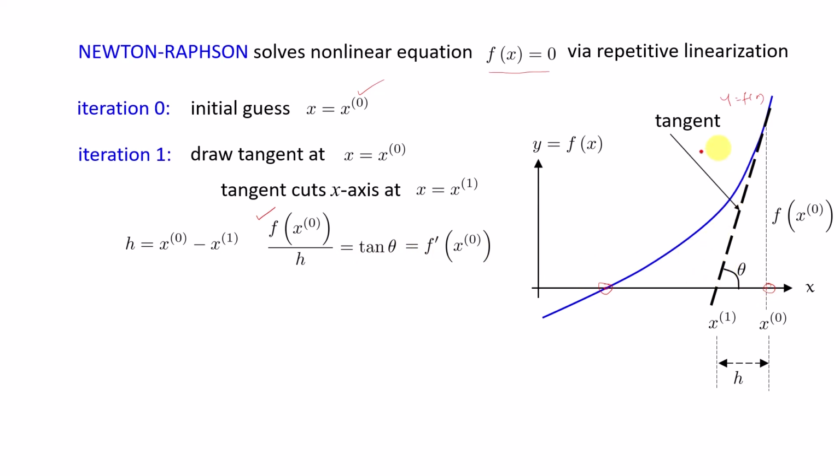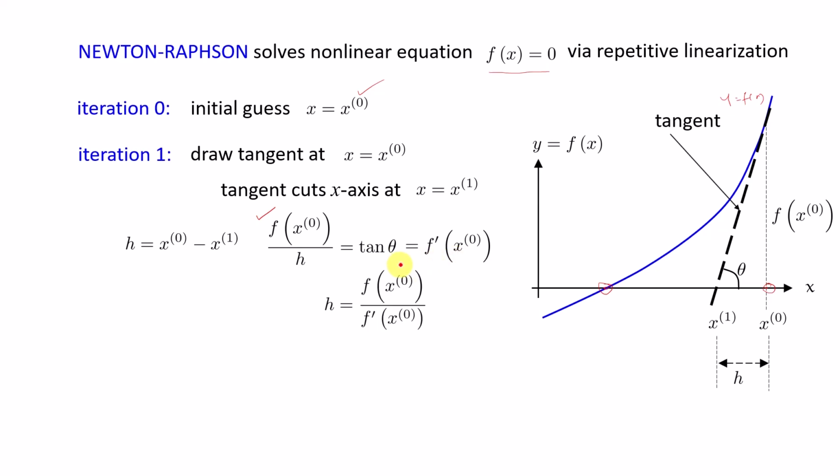However, we know that tan theta is the slope of this tangent. That means this will be f prime, that is dy/dx, at x equal to x0. At this point, whatever the tangent is, its slope, tan theta, will be f prime(x0). This is from elementary calculus. If you do not remember it, please go through a mathematics book and check elementary calculus.